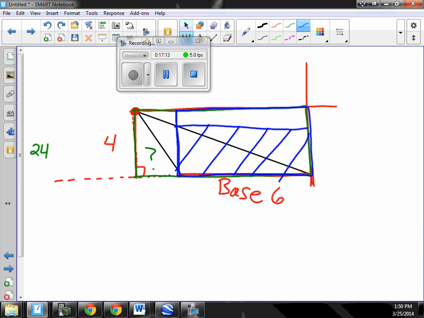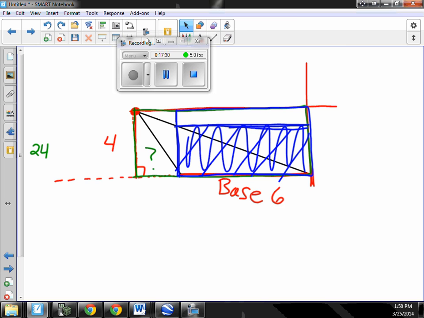Now what do we need to show? Right? So you see what I've done? I've created a rectangle, and the triangle is half of this rectangle. So we can ignore that. So all we have to show is what? Wait, be more specific.